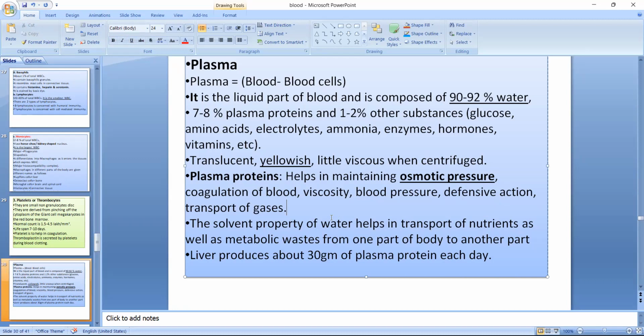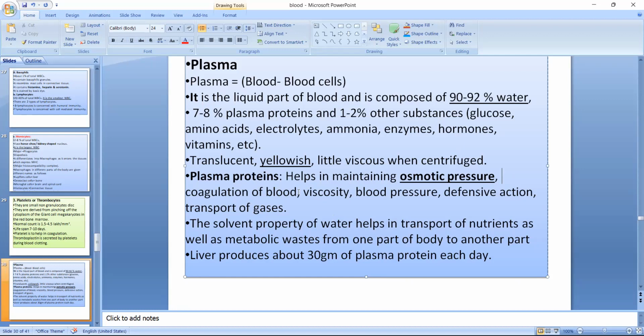And one more important thing is, in urine formation, this osmotic pressure plays a very, very crucial role. So in that way, blood plasma proteins have their own individual functions. In addition to that, creating osmotic pressure is very, very important.